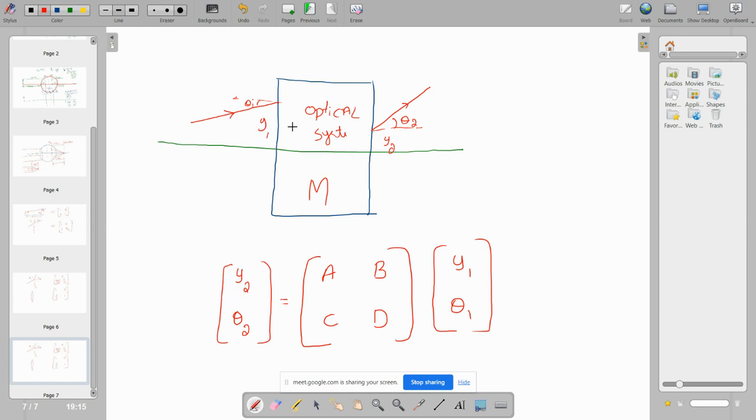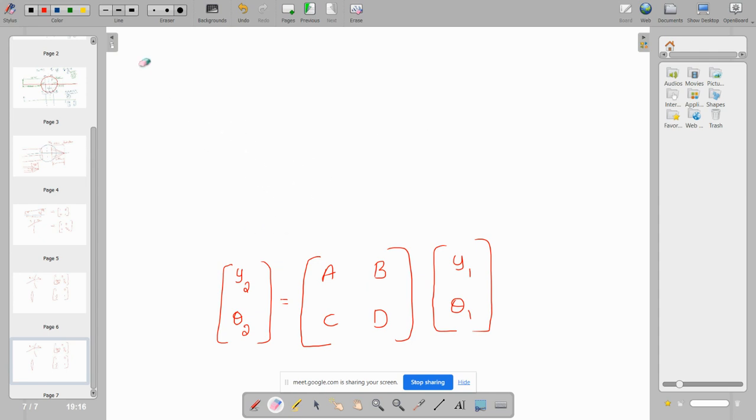So if you know where the ray is going to hit and at what angle, you can directly get how it is emerging, at what height and at what angle. That's actually the method of this ray tracing matrix. Now they are saying that D is equal to 0. You all know matrix multiplication, right? How does the matrix get multiplied? Yes, sir. How will it get multiplied?